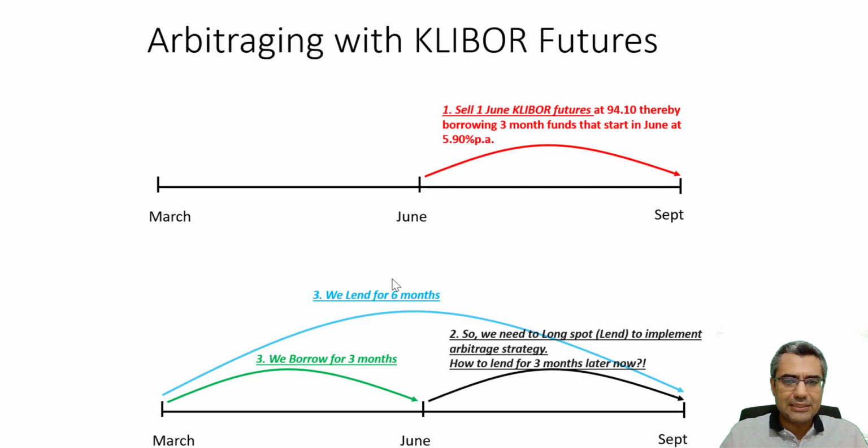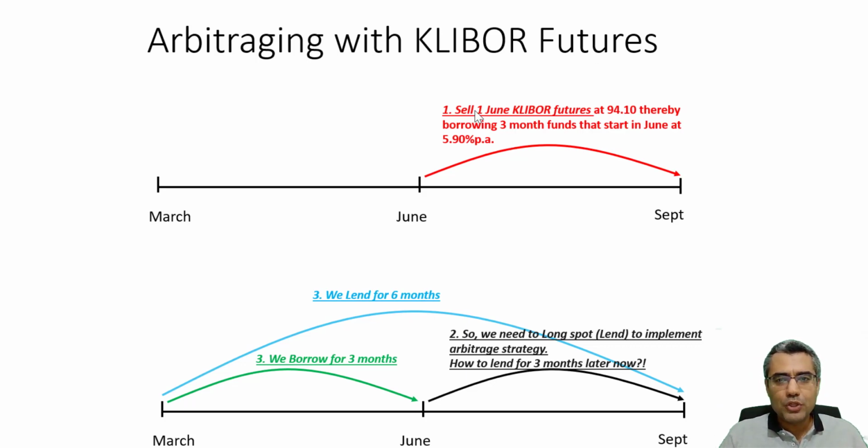Look at this. Here, number 2, we need to lend. Why lend? Because, remember, for arbitrage, if you short a futures contract, you need to long the underlying asset, right?